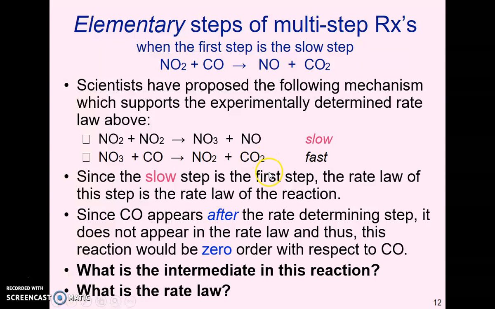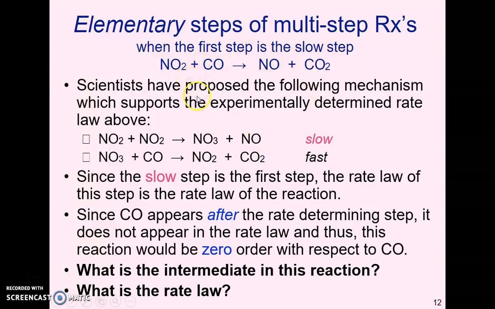Now, to make sure that this is a good mechanism, we would have to make sure that it actually adds up to the overall reaction. And we'll see that it does, the intermediates cancel, and then it adds up to the overall reaction. But again, for a mechanism to be right, it has to add up to the overall reaction.